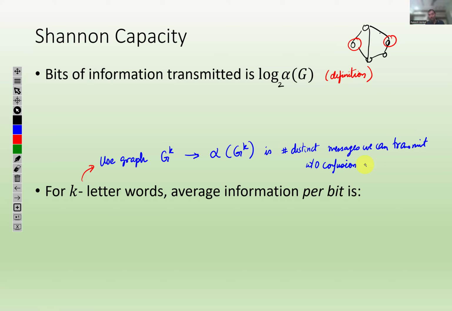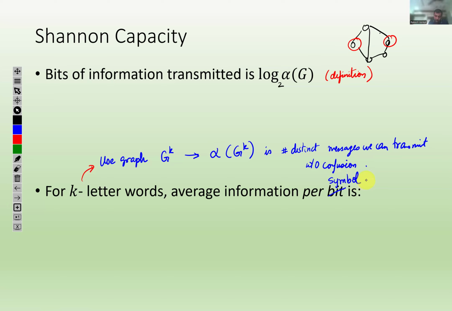If you're transmitting one symbol per transmission to encode messages for the base, k equal to 1, here we are transmitting multiple symbols. We're transmitting k symbols to encode a message. Therefore, let me call it per symbol.